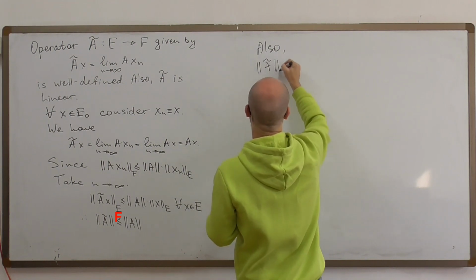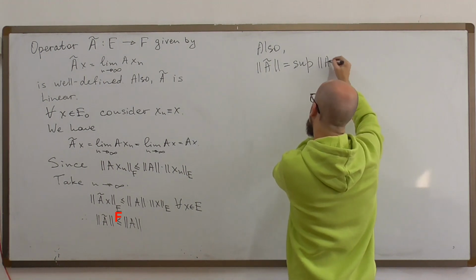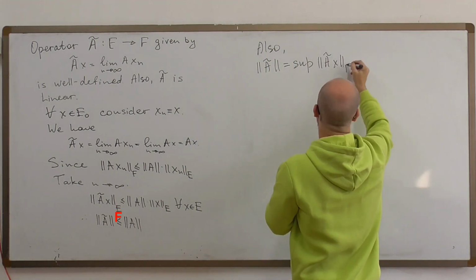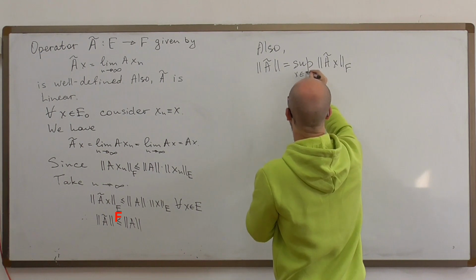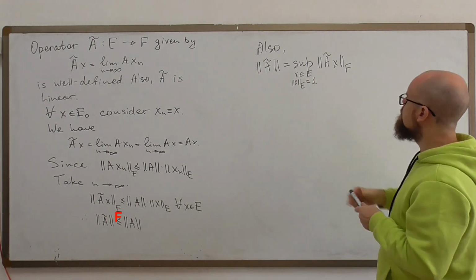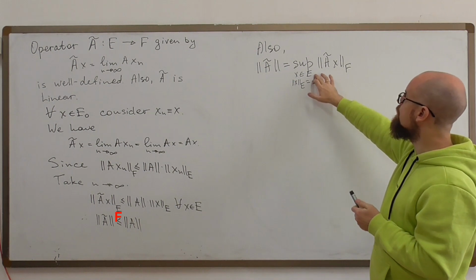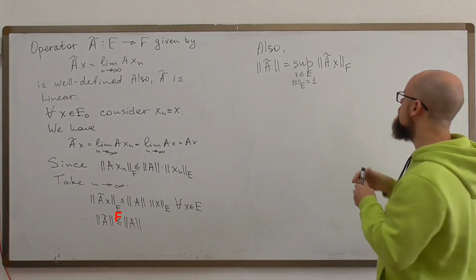By definition, the norm of A tilde equals the supremum over all x's from E such that the norm of x is 1. Now, instead of taking the supremum over the whole E, I will take the supremum over the subspace E1.